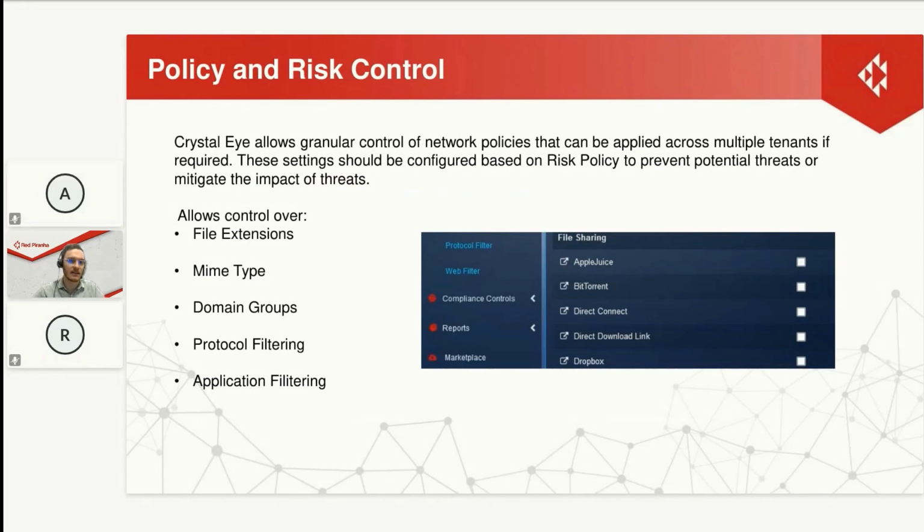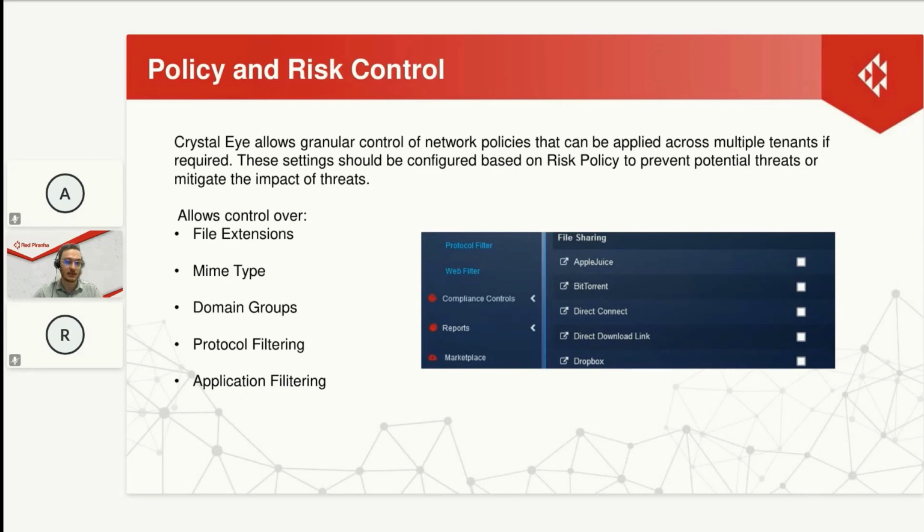So we've been talking a lot about network-based security and basically how to detect them within the network, but the Crystal Eye itself can also do policy and risk control. It basically allows a lot of granular control over network policies that can be applied across multiple tenants if required, and these settings should be configured based on the company's risk policy to prevent potential threats or mitigate the impact of threats, essentially.